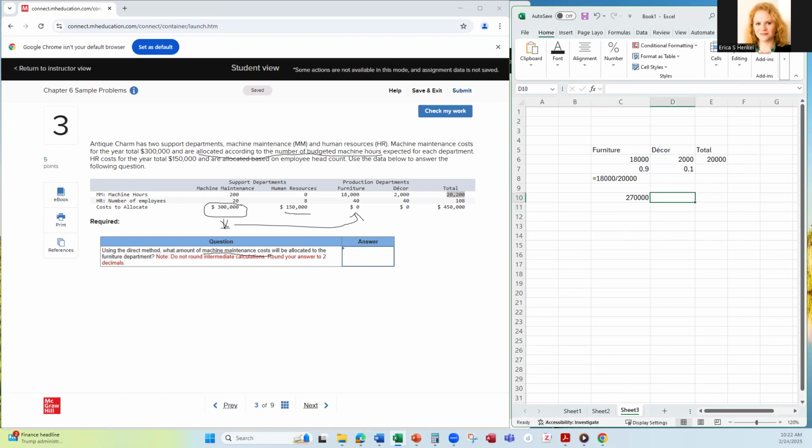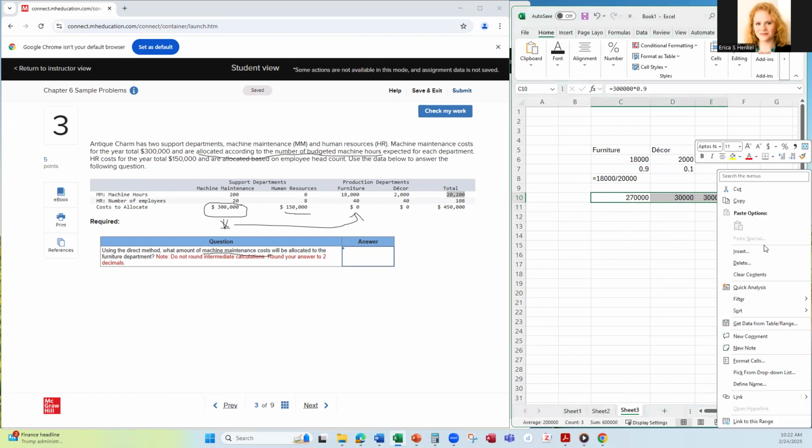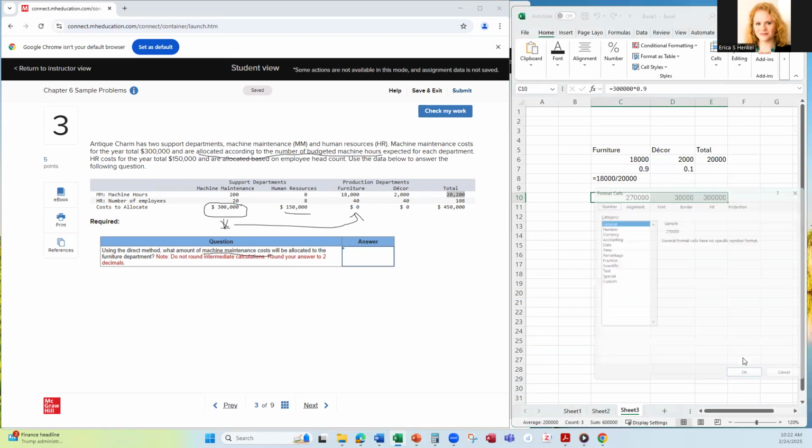And so over here, then, the 300,000 times 0.1 would be 30,000, and then if we add those together, that gets us to the full $300,000 that we would want to distribute.